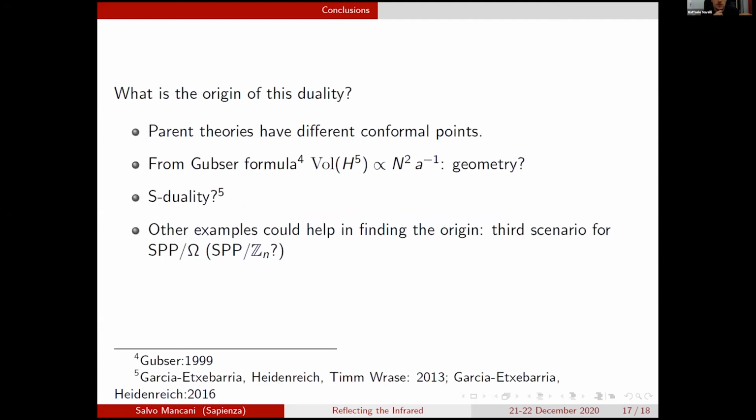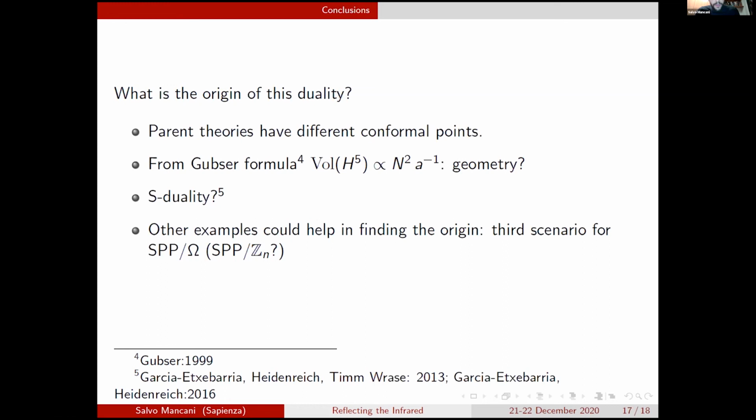So when you talk about the possible origin of this duality, can you elaborate more on the third point, the S-duality point, in relation to the work of Iñaki and collaborators? I mean, maybe you refer to orientifold three planes or so, the various versions of the O3 planes that they discuss in those papers?